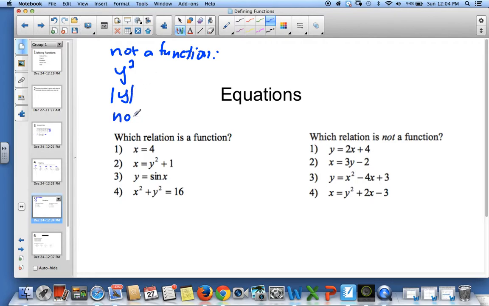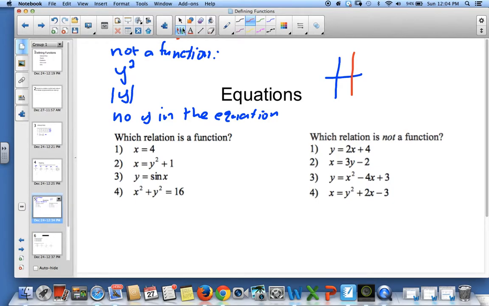Or if there's no y at all in the equation, it's not a function. Because of not having a y, like this graph right here, x equals 4, the graph of that looks like this. So at 4, I have an unlimited number of y values. So that's not a function.